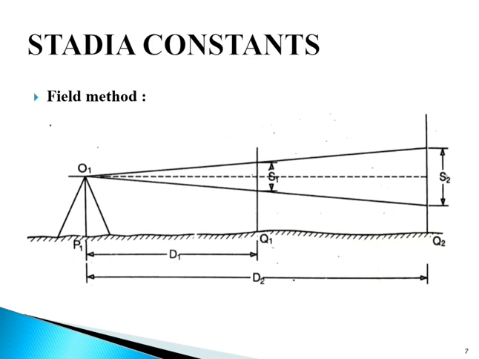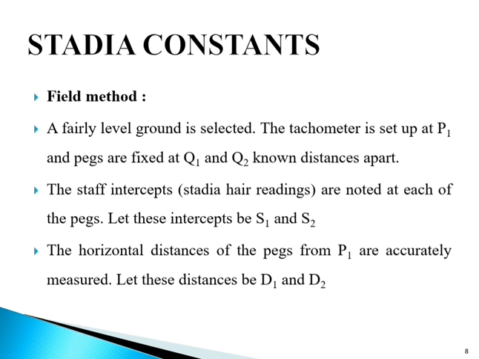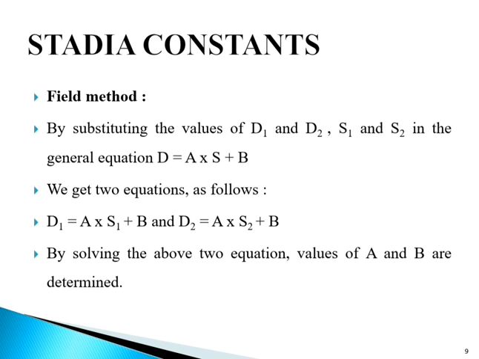By substituting the values of D1, D2, S1 and S2 in the general equation D is equal to A into S plus B, we get two equations as follows: D1 is equal to A into S1 plus B and D2 is equal to A into S2 plus B. By solving the above two equations, the values of A and B are determined.